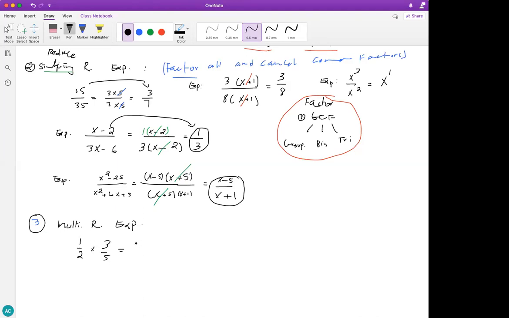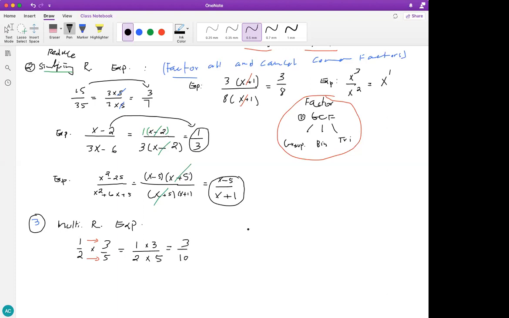So 1 times 3 over 2 times 5. Some might think it's 2 over 1 multiplied by 5 over 3, but we do that when we divide. For multiplication of fractions, you multiply straight across. That's how we do this. So this will be 3 over 10.